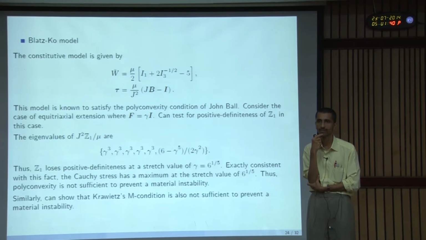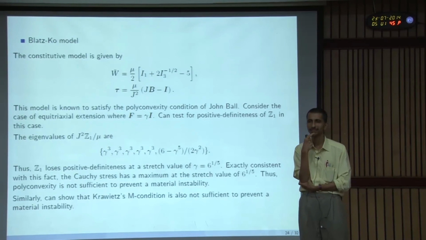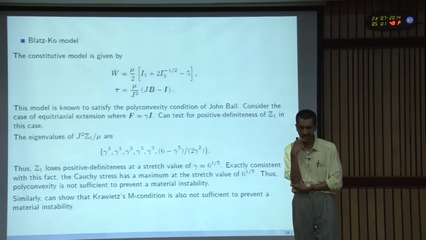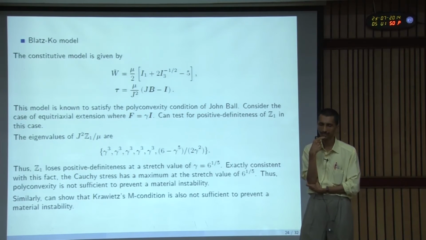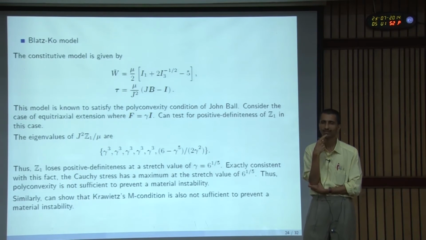Polyconvexity is a sufficient condition for quasi-convexity, so violation of polyconvexity actually means instability. Of course, satisfaction of polyconvexity does not, since it is not a necessary condition. What you are talking about, existence, is a different problem altogether.